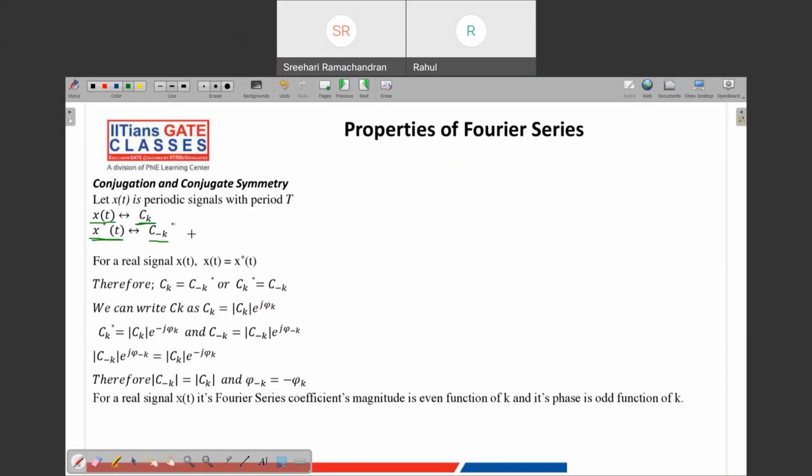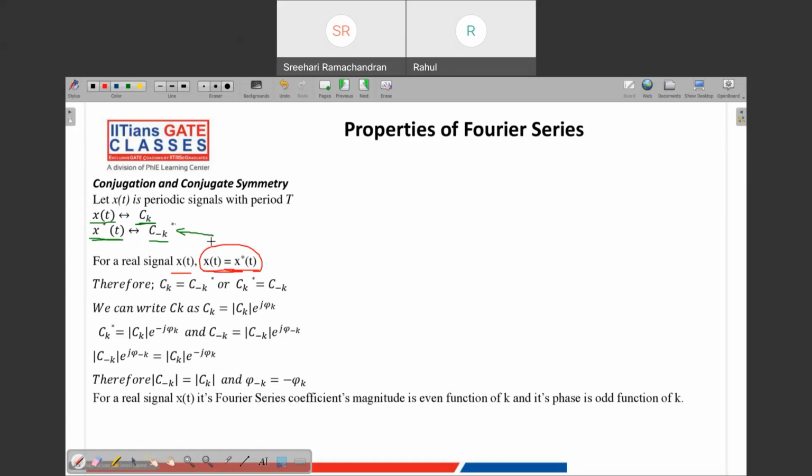Now, I'm not going to derive this one, but let's see what happens when the signal is a real signal, real plus even, and real plus odd, all those scenarios. So let me take the case when the signal is a real signal. In that case, x of t will be equal to x conjugate of t, so these two things will be equal.